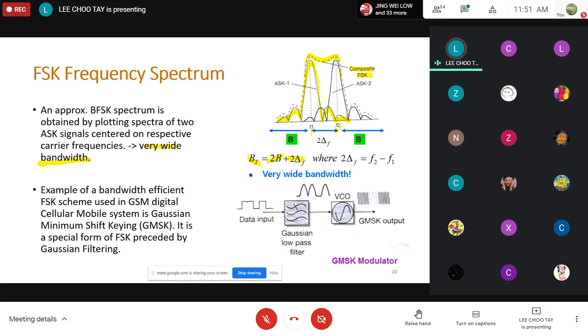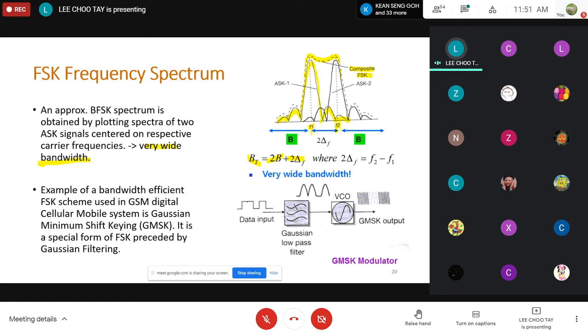So you can see from this spectrum that whatever F1 you have chosen, you must make sure that F2 is separated with enough distance from F1. Your F2 shouldn't be too close to your F1.